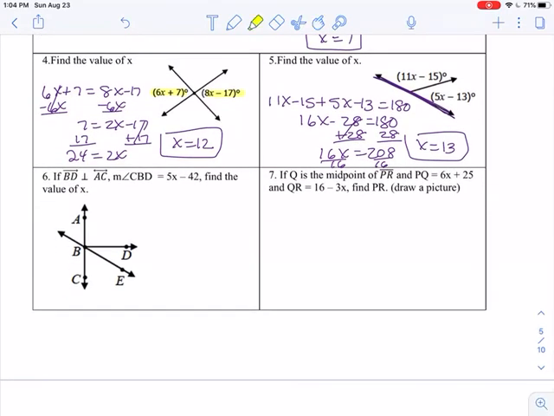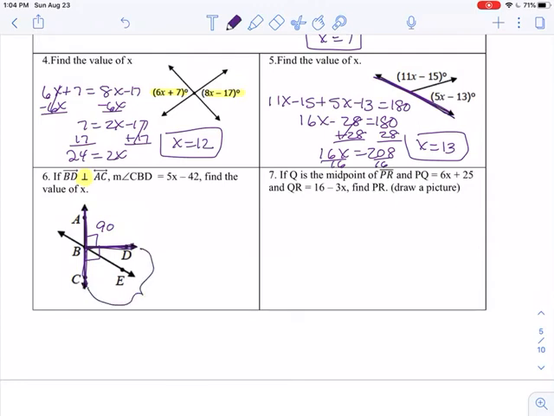All right, and 6 and 7. So number 6, I have this symbol right here. That means perpendicular. Perpendicular lines form right angles. So BD is perpendicular to AC. That makes this 90 degrees, and it also makes this down here 90 degrees. Angle CBD is 5x minus 42.